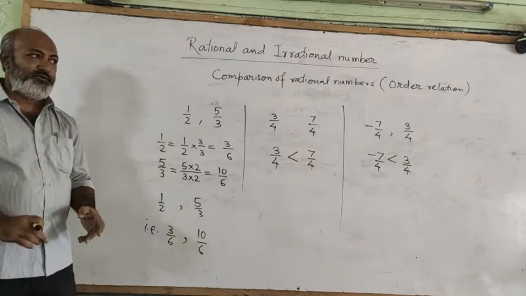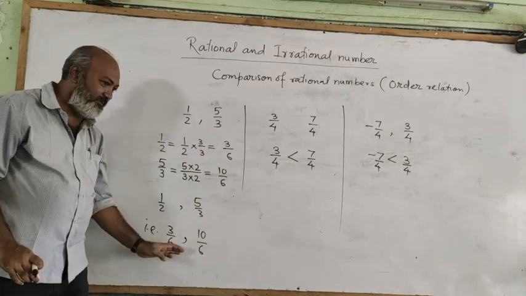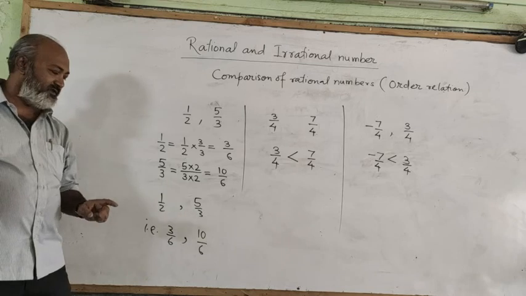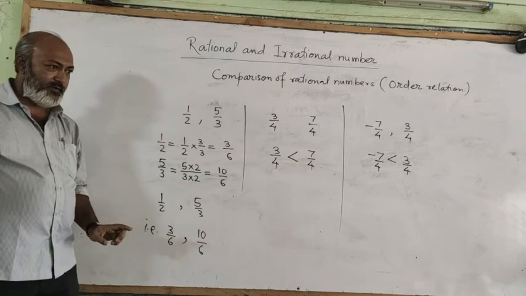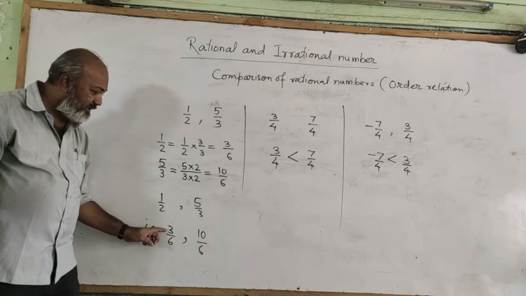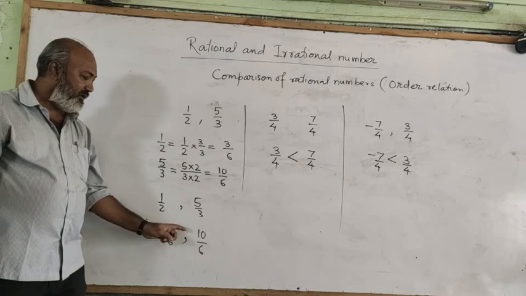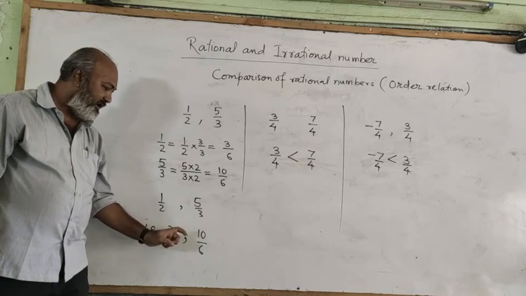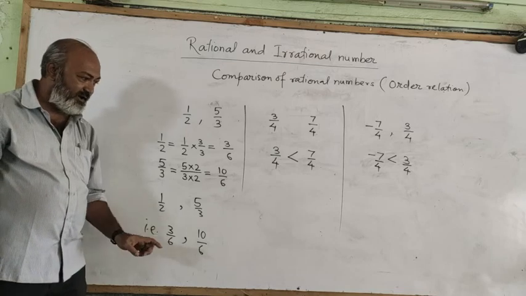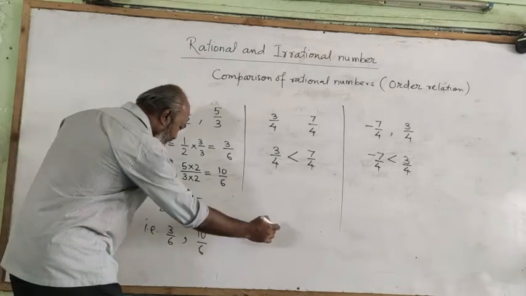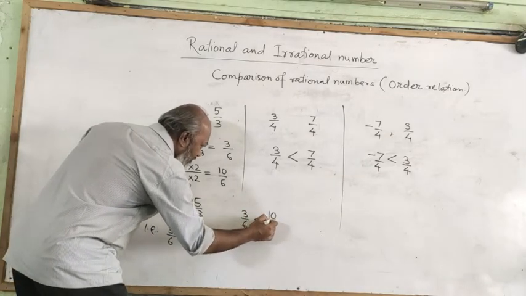Our problem is solved because we made the denominators the same. Now the only question is, which numerator is greater? You can observe numerators 3 and 10. Anybody can say that 10 is greater than 3 or 3 is less than 10. Therefore, we write 3 by 6 is less than 10 by 6.